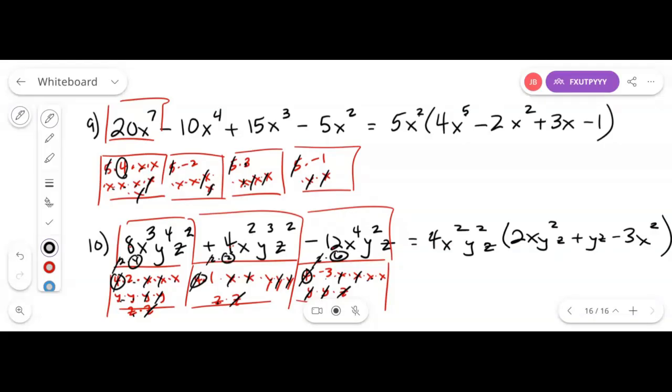I strategically chose 4 because I looked at 8, 4, 12 and realized, 4 is a factor inside of each one of those 3 numbers. That is what comes out. You have to practice this.